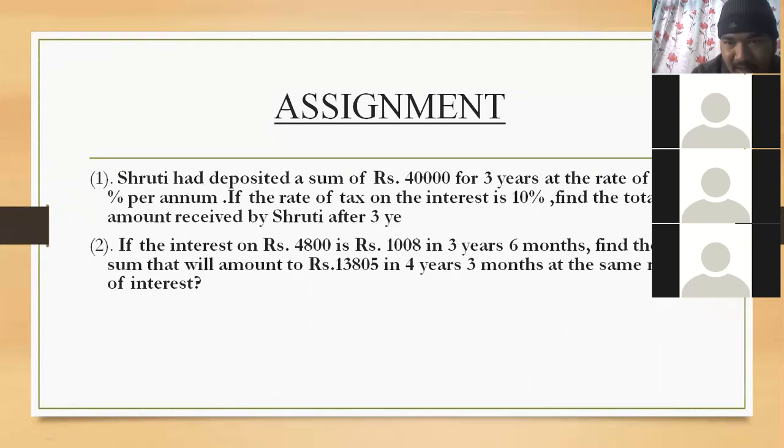Tax is what there? 8.25% of that interest. You can find out tax. And add principal with interest, then subtract tax. Okay, children? Yes, sir. Then you will get the correct answer.